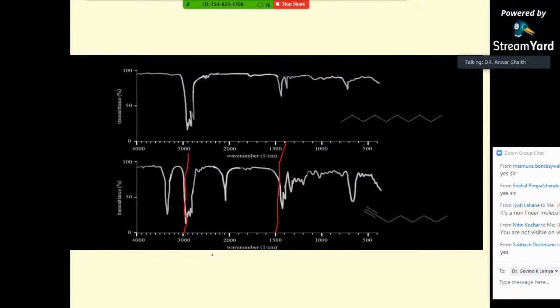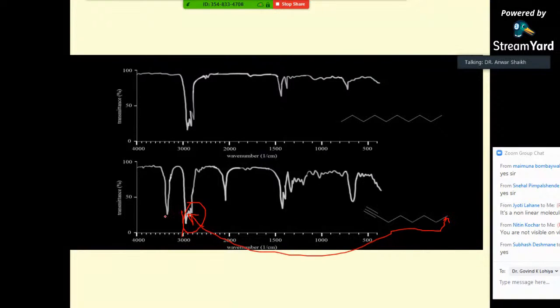Now there is some difference in the spectrum you will be observing here. First of all, see the extreme left of 3000. You will be finding a peak less than 3000, that is 2900. It may be due to CH stretching, as the CH3 group and CH2 group are there.